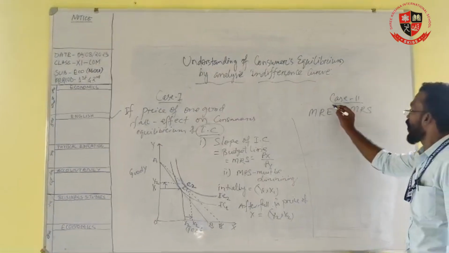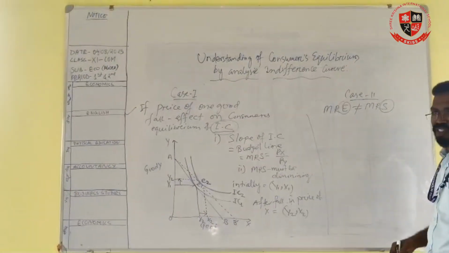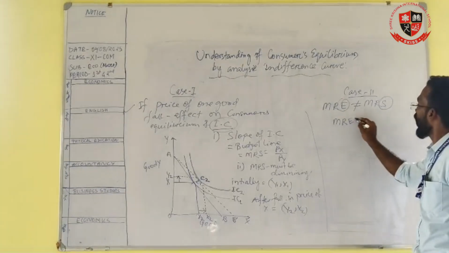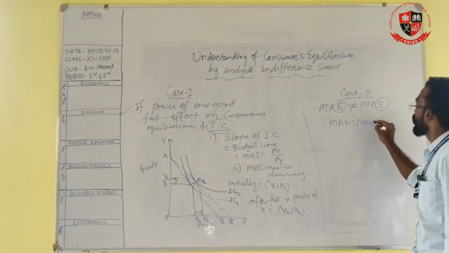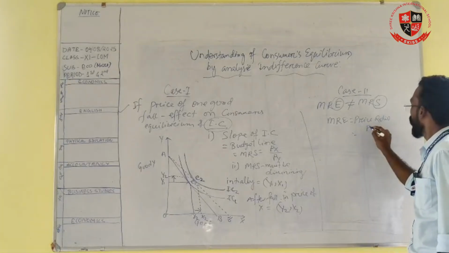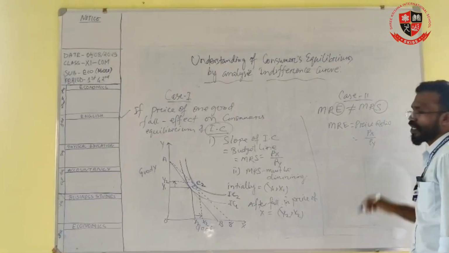In the second case, the marginal rate of exchange is not equal to the marginal rate of substitution. You know that the marginal rate of exchange means the price ratio, that is Px by Py.